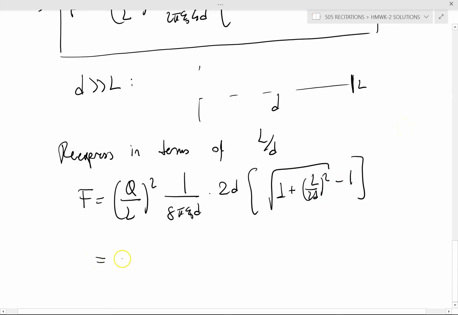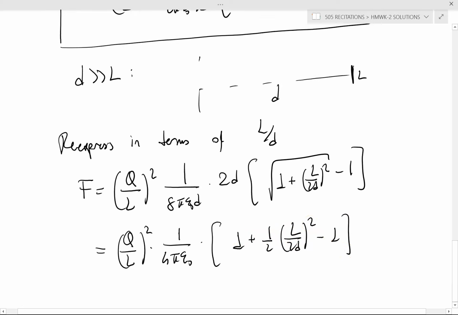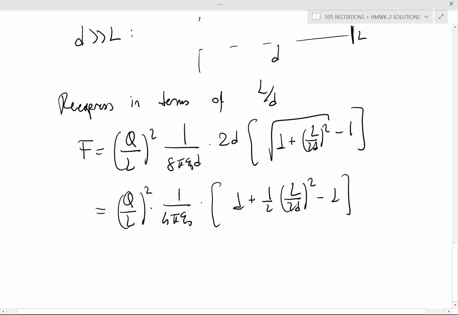Okay, so Q over L square, 1 over 4 pi E0, right, multiplied by, expand this, 1 plus 1 over 2 L over 2D square minus 1, right?